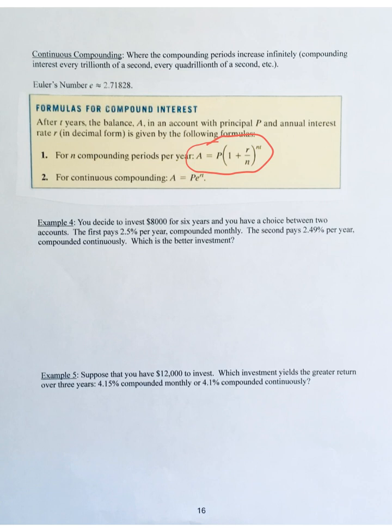So now let's go ahead and discuss compounding continuously or continuous compounding. Continuous compounding is where the compounding periods increase infinitely. So you're compounding interest every trillionth of a second, then every quadrillionth of a second. So it's just constant compounding, in other words, recalculating of the interest.